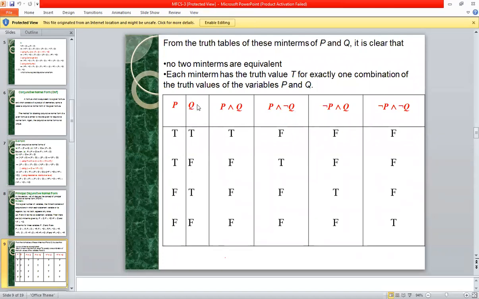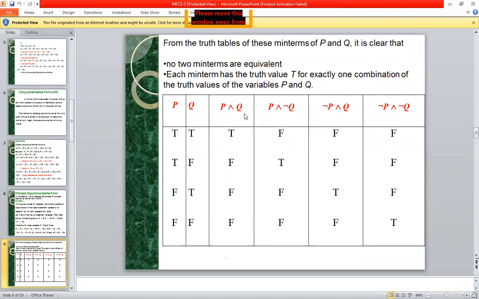How many possibilities for minterms of P, Q? 2 square, which means 4 possibilities: P and Q, P and negation Q, negation P and Q, negation P and negation Q. These are the possible minterms of the given two statements. Now we write the truth values of these minterms.